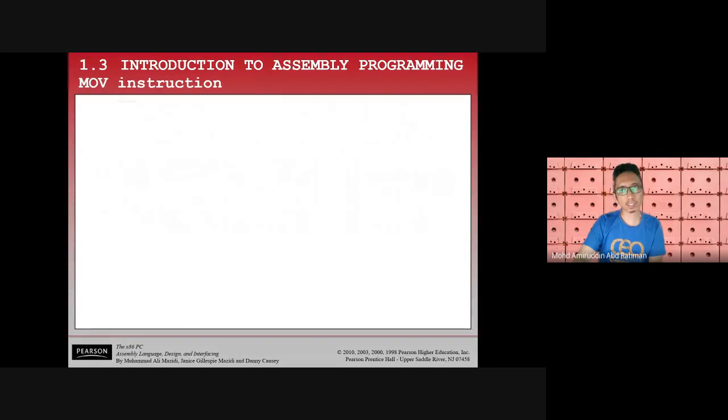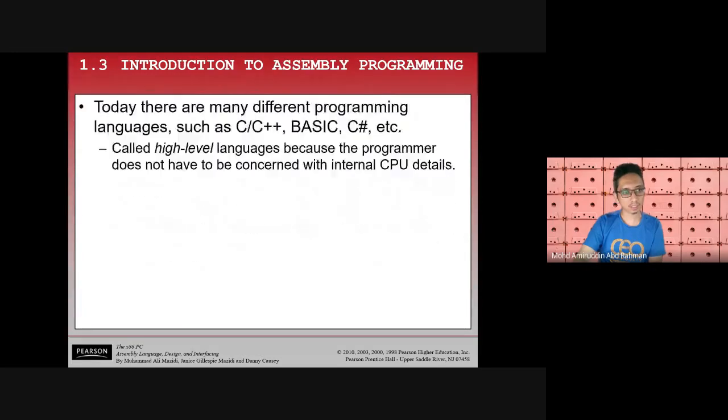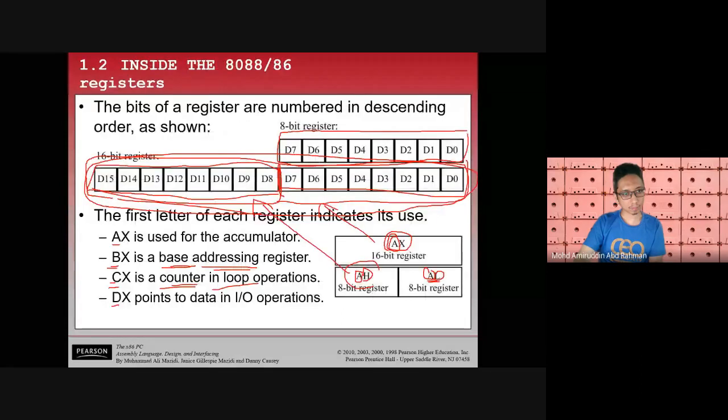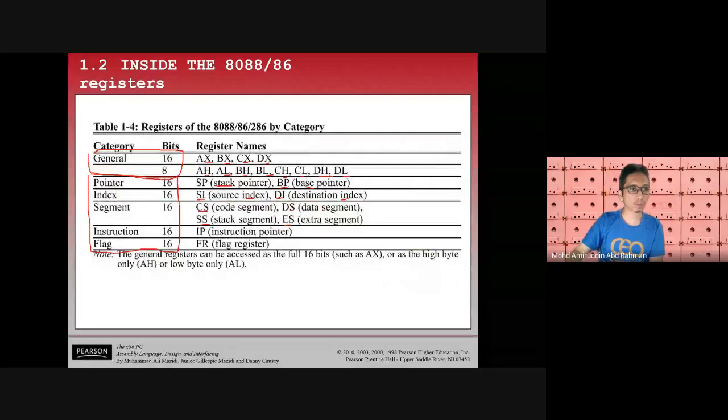As I mentioned here, segment register is using the names CS, SS, and ES. So this is only the segment register. Other than that, this one and these ones are non-segment register.